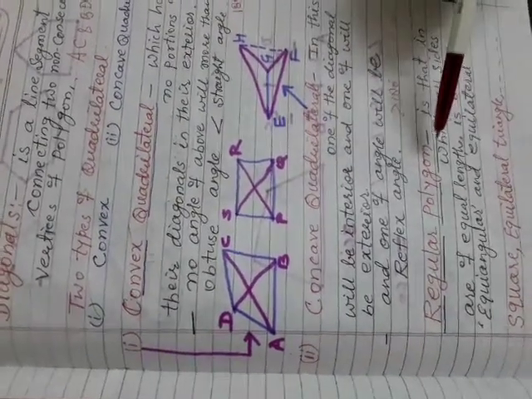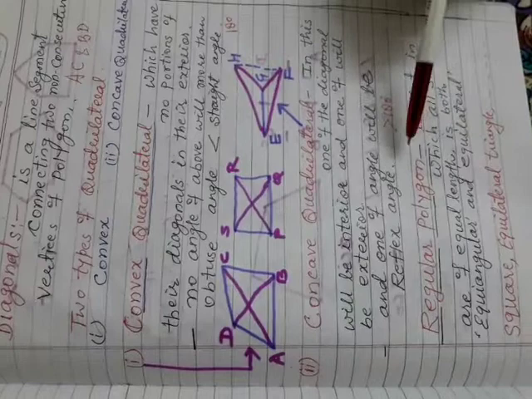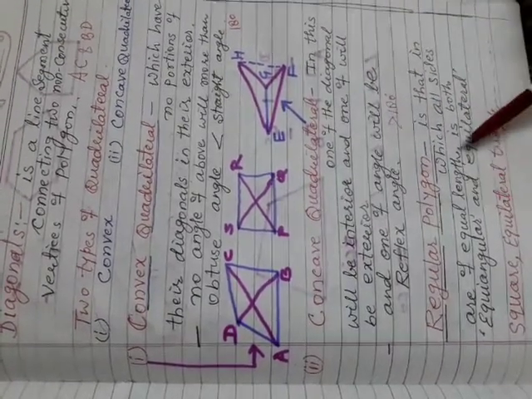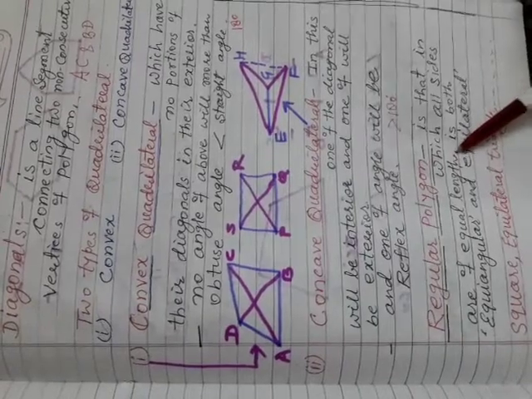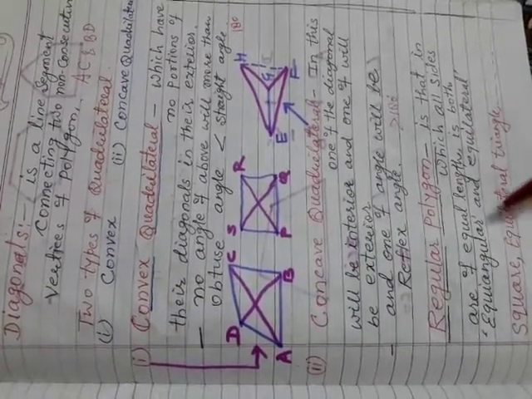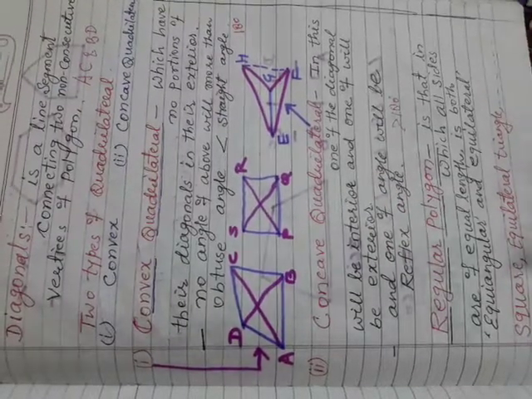Now another topic is the regular polygon. A regular polygon is one in which all sides are of equal length and all angles are equal, so it is both equiangular and equilateral.